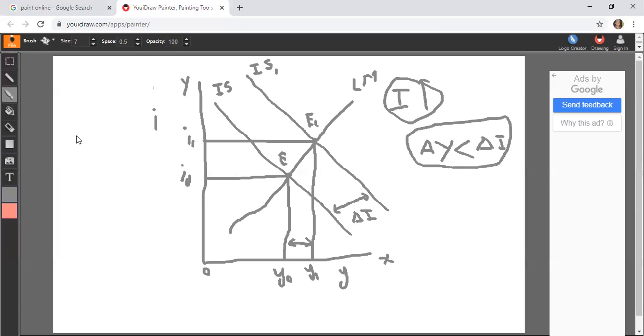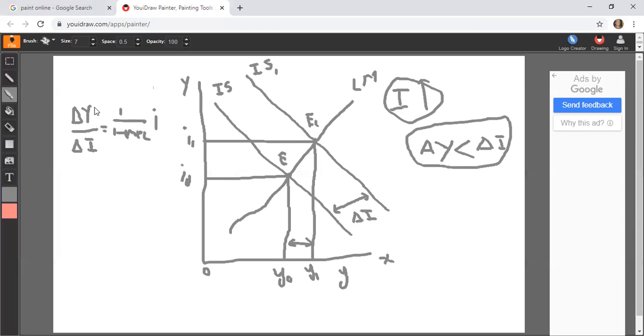Why is it so? We know that delta Y by delta I is nothing but the multiplier, and you know the multiplier's value, that's 1 by 1 minus MPC, the marginal propensity to consume.